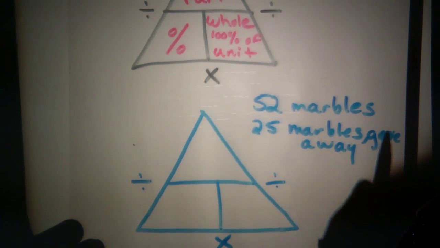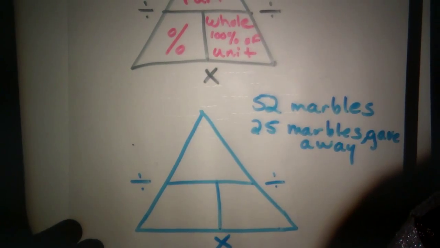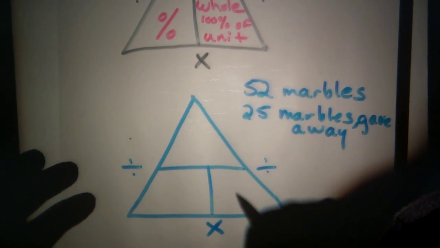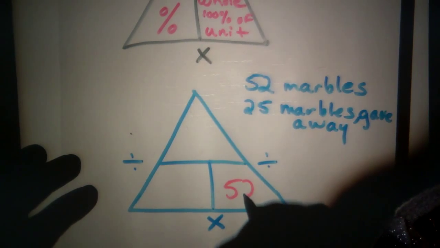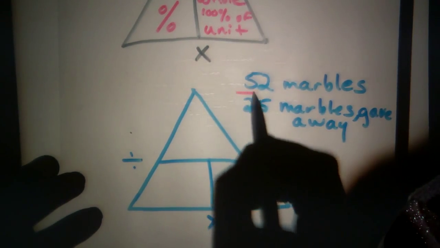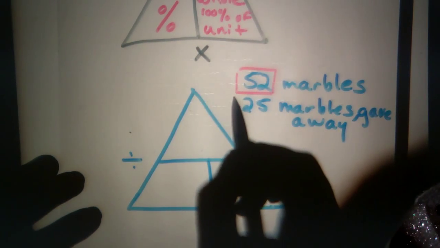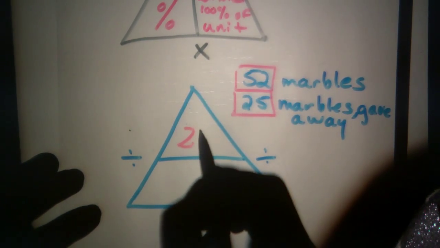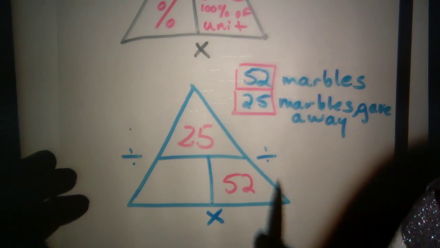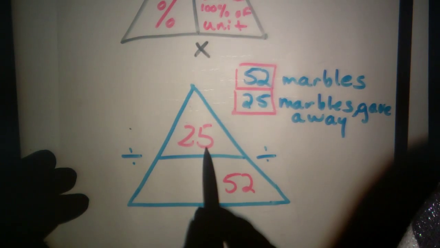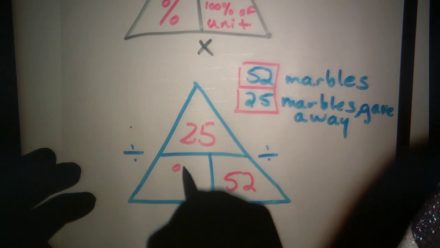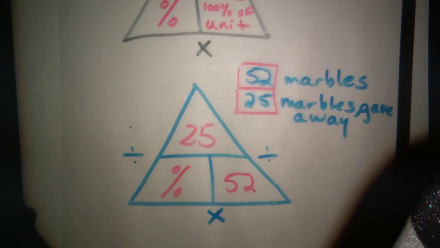He has 52 marbles, that's his 100% of unit. So we know that 100% of whatever unit you're using, which is marbles, would go here. We know that the part is the 25 because he gave away part of his whole, the part being 25 marbles. So the thing that we have empty is percentage.